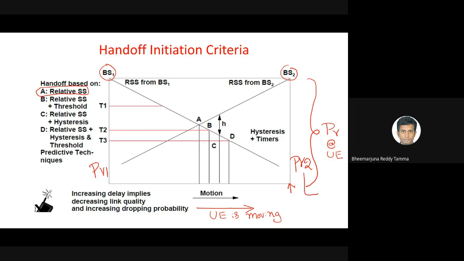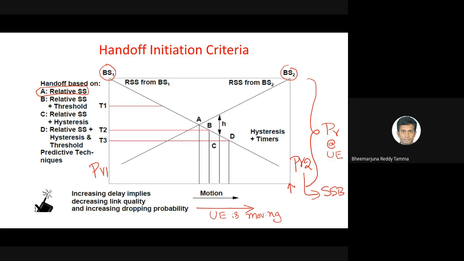Like in the case of LTE, or even 5G NR, we can use the SS block. You just monitor SS blocks, and whatever power is received while decoding the SS block, you set it to PR2 for base station 2. For base station 1, you set it to PR1.